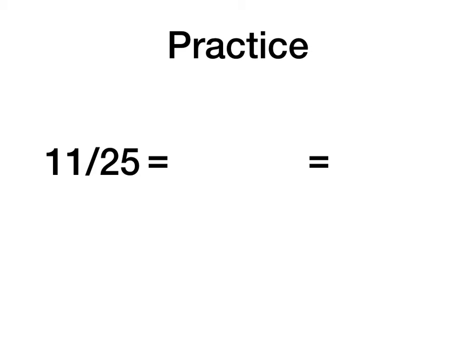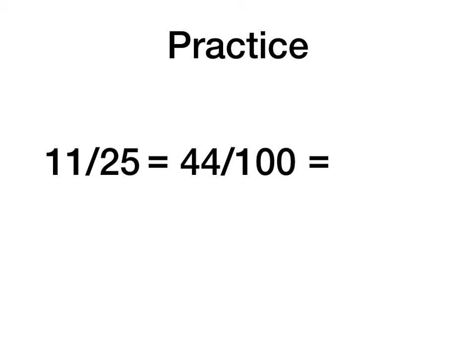All right, so if you have 11 over 25, again, you begin with the denominator of 25, and you ask yourself what you have, which is 25, and then where you want to go, which is 100, and how do you get there using multiplication? So in order to go from 25 to 100, you multiply by 4. Whatever you do to the bottom, you have to do to the top. 4 times 11 is 44 over 100. We got 44 over 100, right?